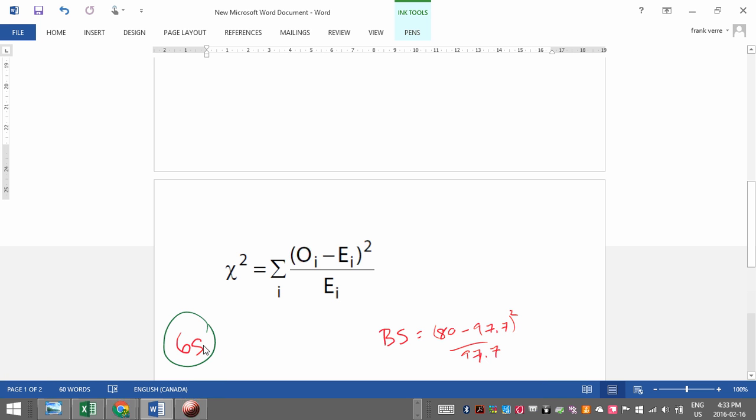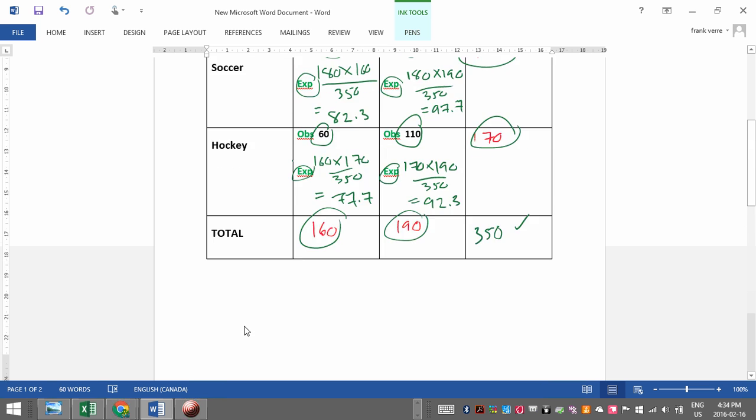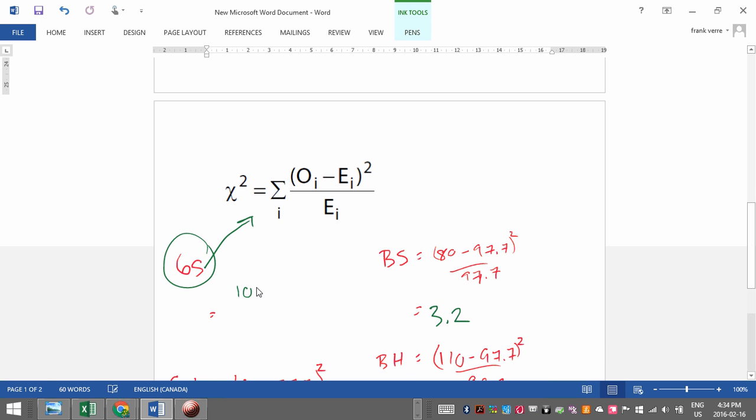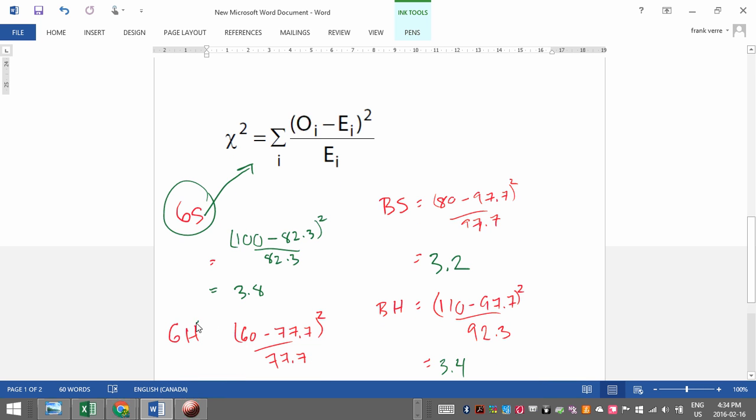So for girls soccer, the observed was, as we saw, 100. The expected was 82.3. So it's going to be that squared over the expected. If we do this calculation, we get a value of 3.8. Now, we can do that for all four scenarios.